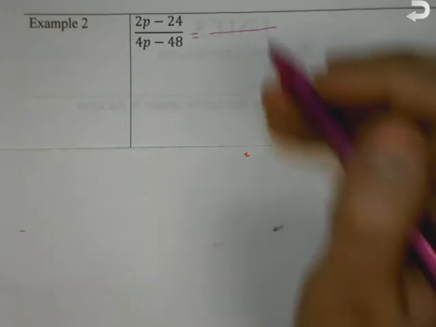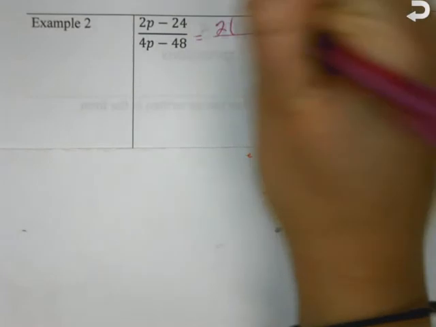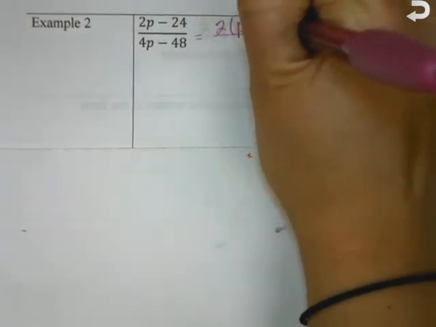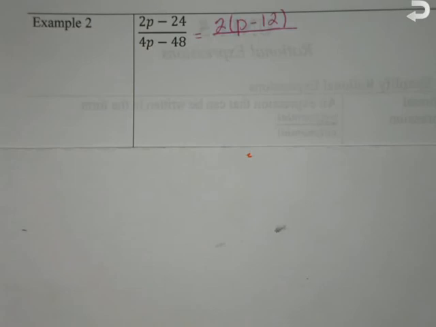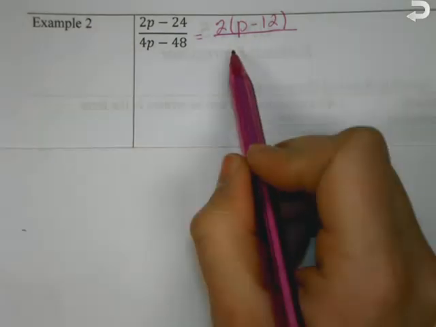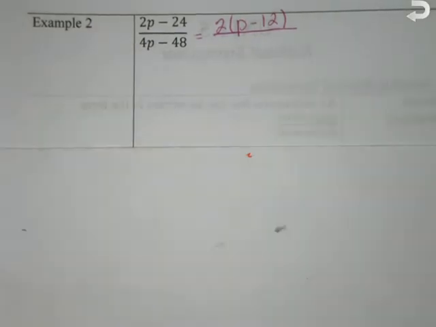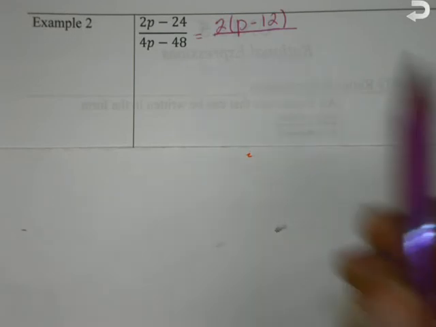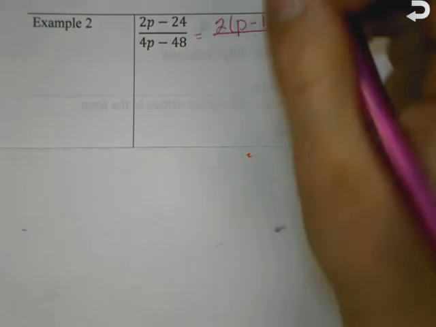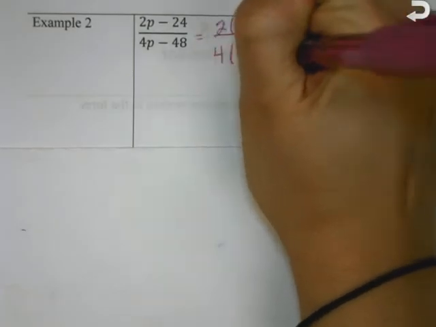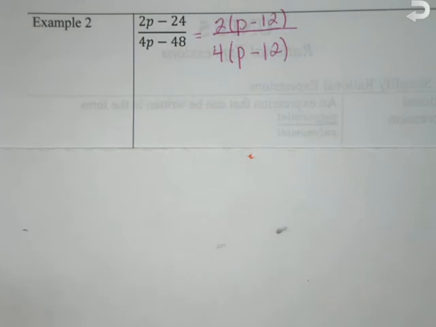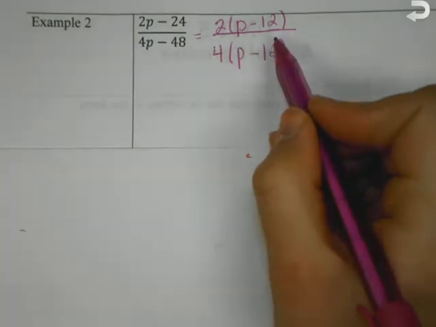So we have 2 times p minus 12. What method will I use to factor the denominator? Also GCF. What is the GCF? Good, 4. So that's going to give me p minus 12 as well. So we have 2 times p minus 12 over 4 times p minus 12.